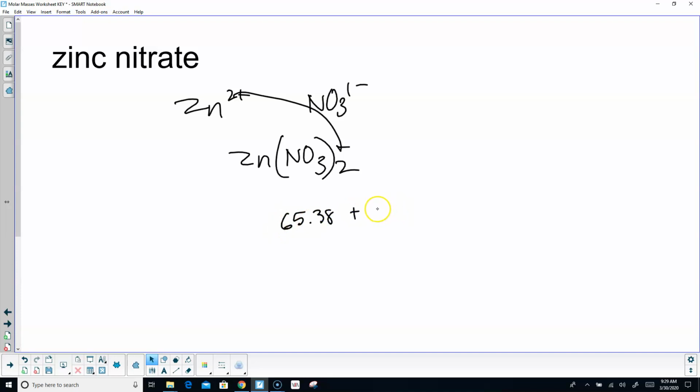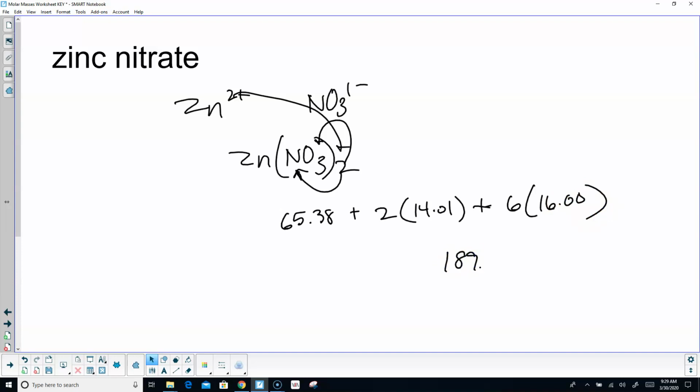There are 2 nitrogens at 14.01 each, because the 2 applies here. It also applies here, and it multiplies. So that means there are 6 oxygens each at 16. Multiply, and then sum. That should be 189.40 grams per mole.